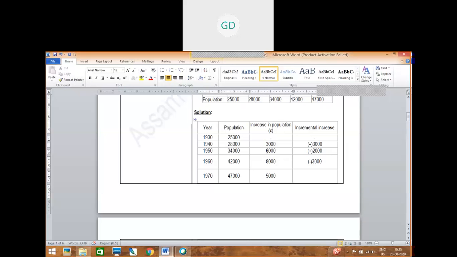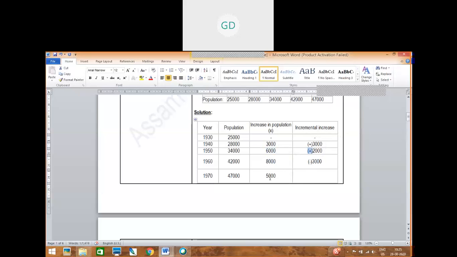So here, after subtracting 6000 minus 3000, what value is coming? A positive value is coming, so we are giving a positive sign here. Then 8000 minus 6000, we are getting 2000, also a positive value, so we give a plus sign.